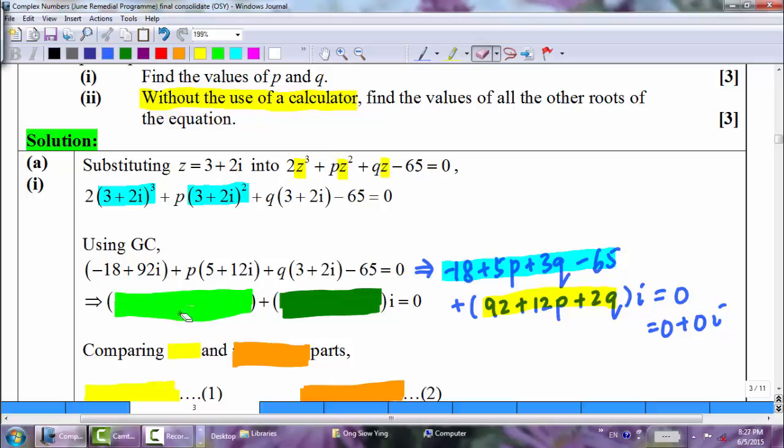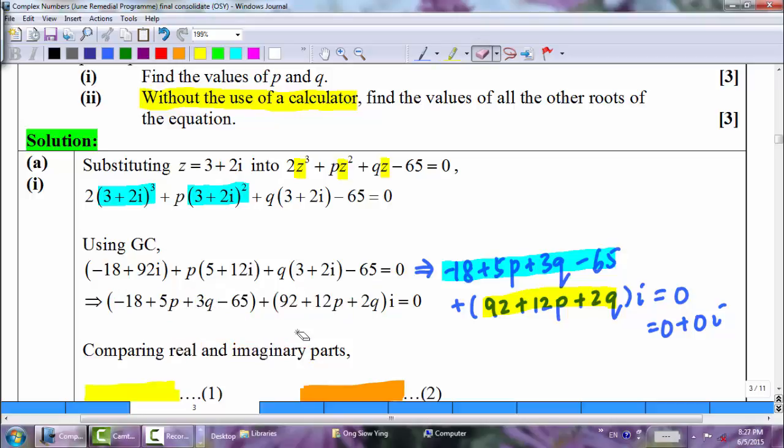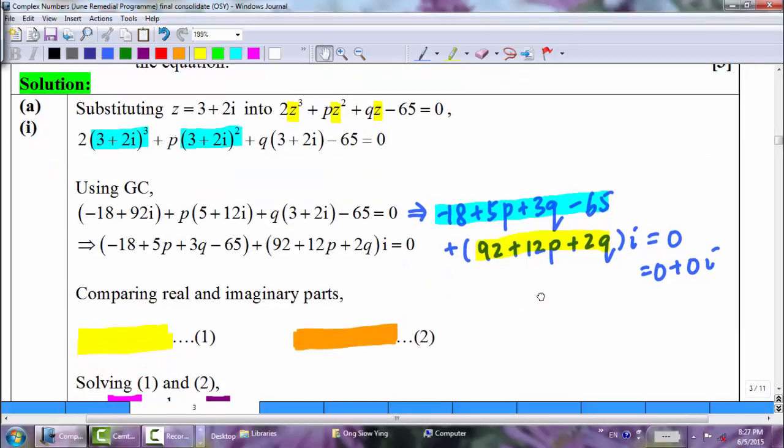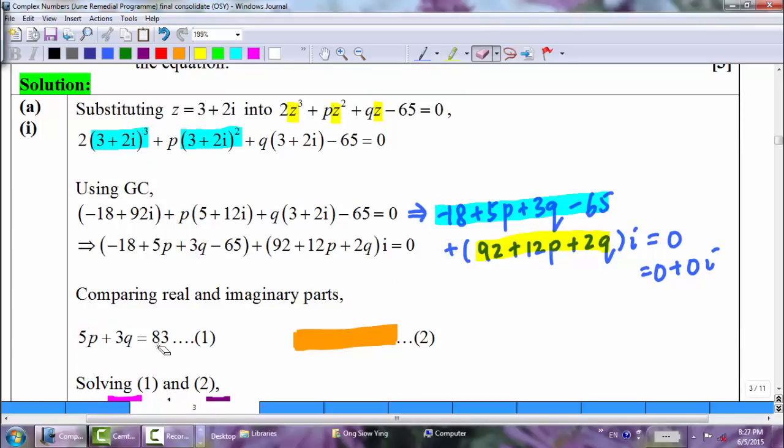The real part is equal to 0, which you further simplify into equation 1, and the imaginary part is equal to 0, which you further simplify into equation 2. With these two equations involving P and Q, you can just use your GC and solve equations 1 and 2 to find your P and Q. That answers the first part of the question where you need to find your P and Q.